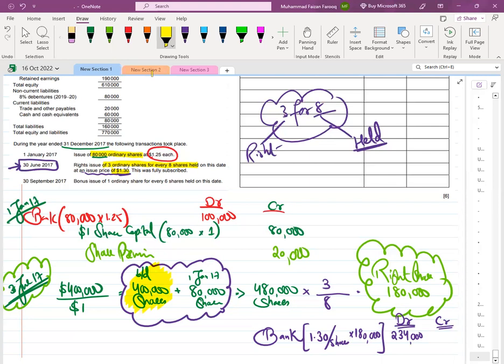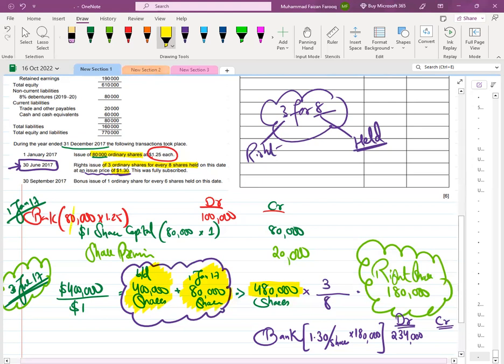Before the right issue, you issued 80,000 shares, which means your share capital is not only 400,000, it is 400,000 plus 80,000, which is already issued before the right shares. So the fraction of right needs to be applied on 480,000 shares.